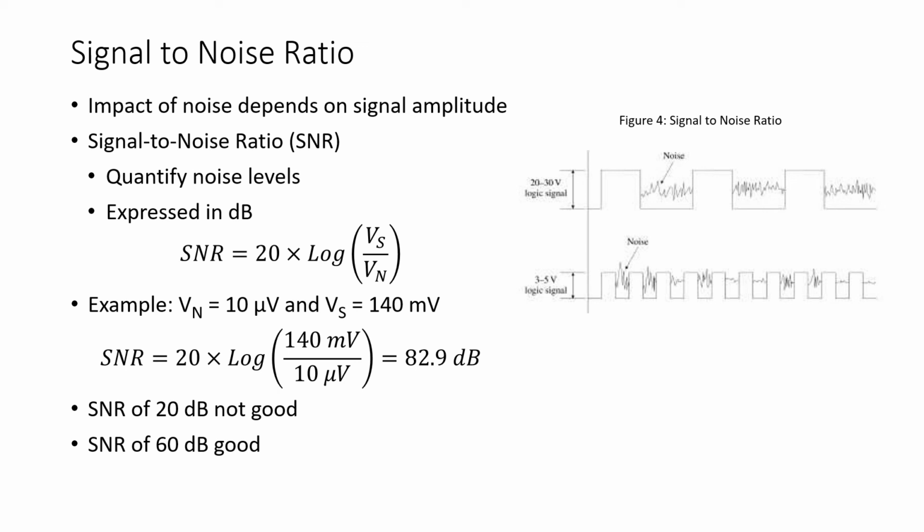This means that the noise is 1/10 of the signal. However, a signal to noise ratio of 60 dB or greater is a good signal to noise ratio. This means that the noise is only 1/1000th of the signal.